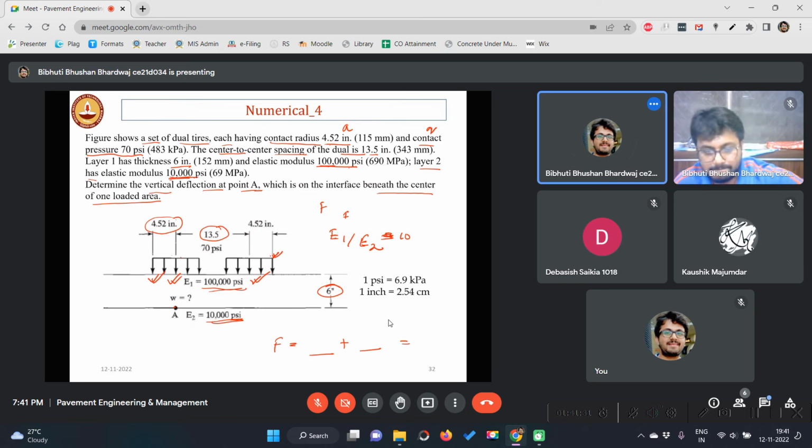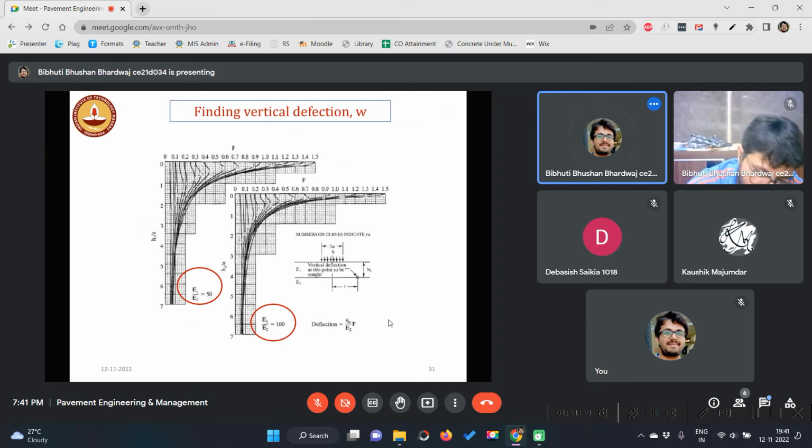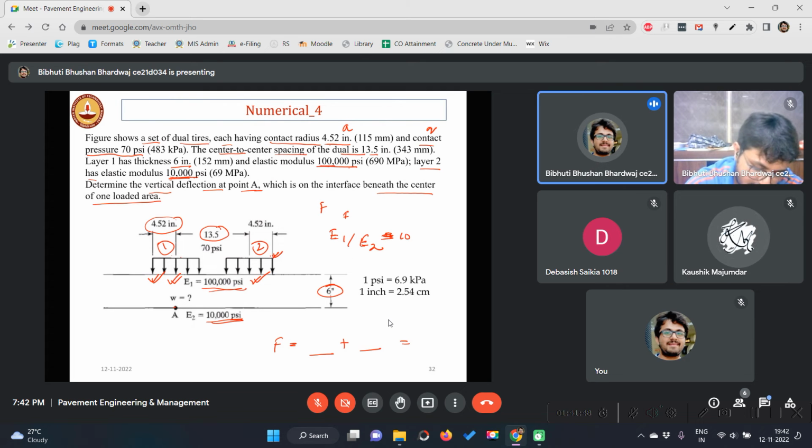What will be R by A for load 1? This is load 2. R by A you need, right? Yes, sir. Numbers on curves indicate R by A. H1 by A is constant only. 6 by A, A is 4.52. 6 by 4.52 is 1.33.